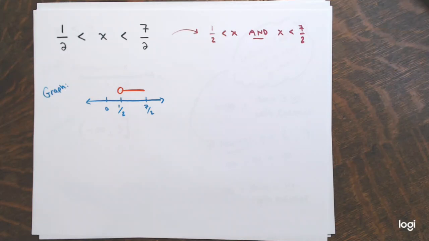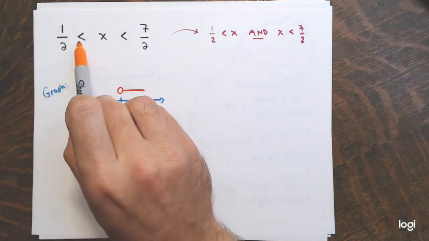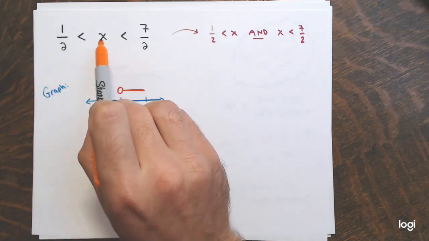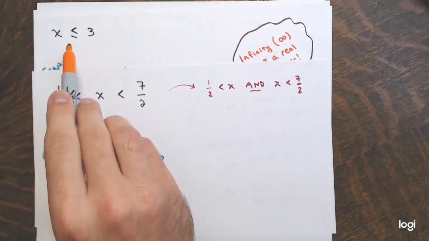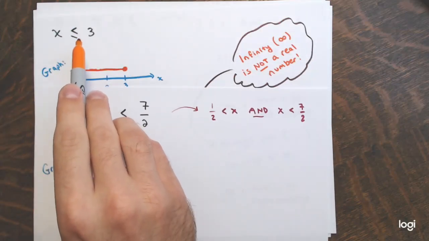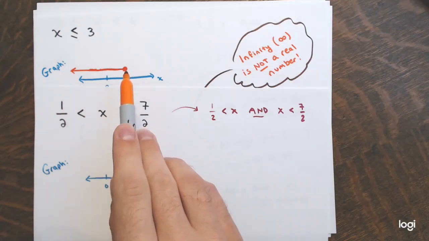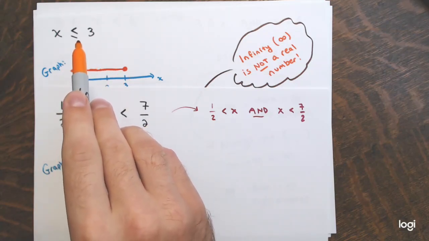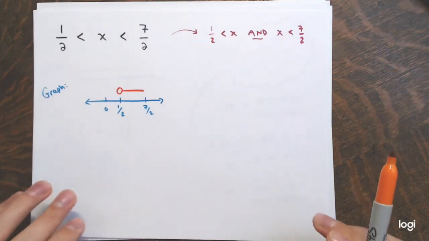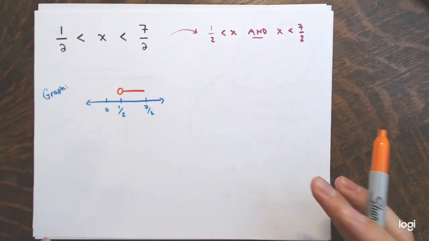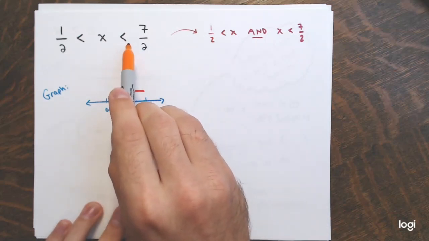And you may have noticed by now too that if there are just less than or just greater than symbols, you're going to have your open points or parentheses. The endpoints won't be a solution. Whereas if you have, in the last example, less than or equal to, greater than or equal to, you had a closed point or a bracket on your graph. The endpoints were solutions.